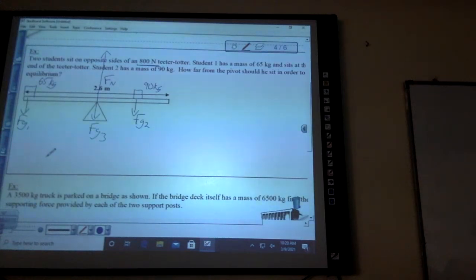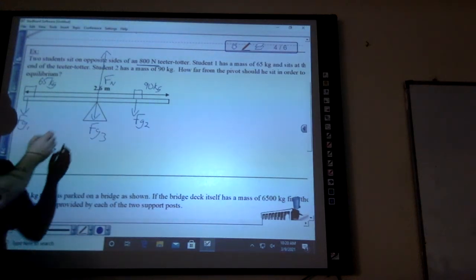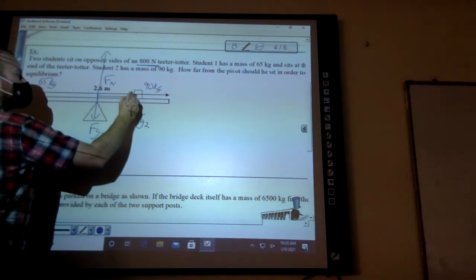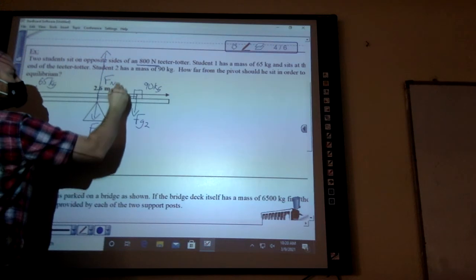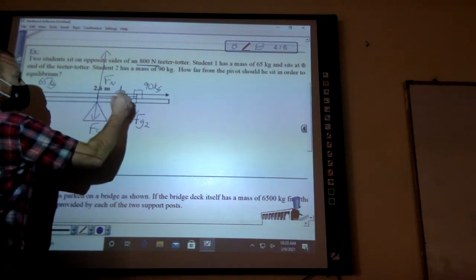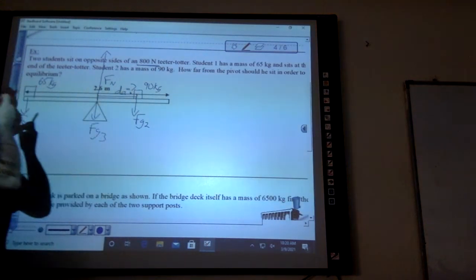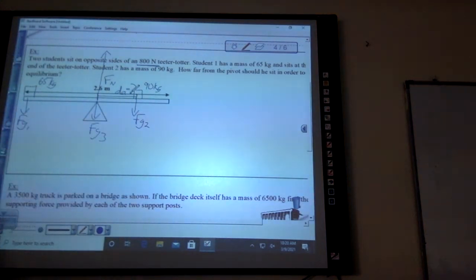So what are we looking for in this question? I want to know from here to here, what is this distance? Let's call this distance 2 to match with FG2. So that's distance 2.